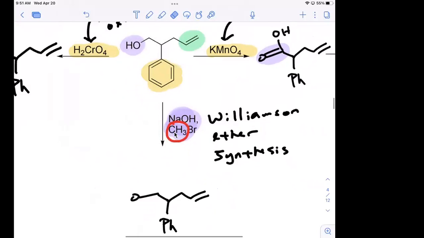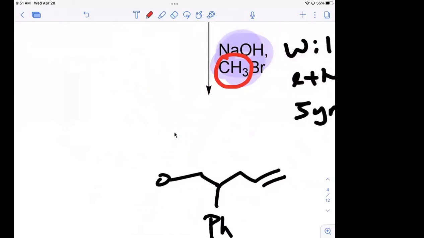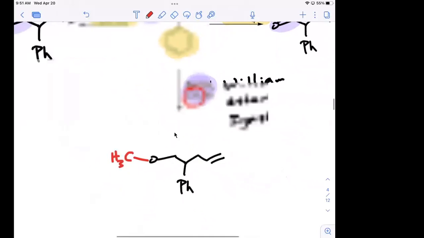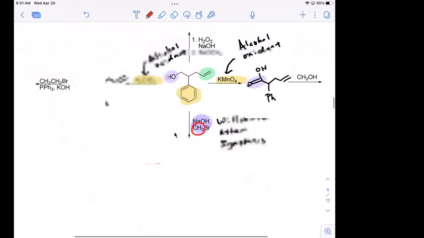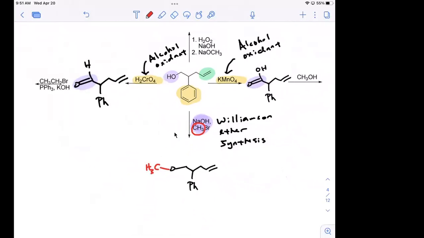Right, so that's going to look like this. Now this is the CH3 from that alkyl halide, and that's my ether.